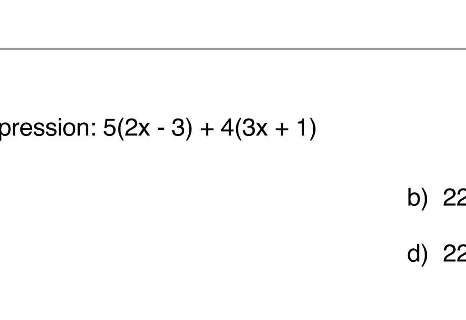All right, now we have one that's obviously much more complicated than the other ones, but take this piece by piece. We are multiplying these two. We are multiplying these two. We are adding them together, okay? So first step, 5 times 2x is 10x. 5 times negative 3, negative 15. Now, I mentioned that we are adding, but let's pause and not worry about that yet.